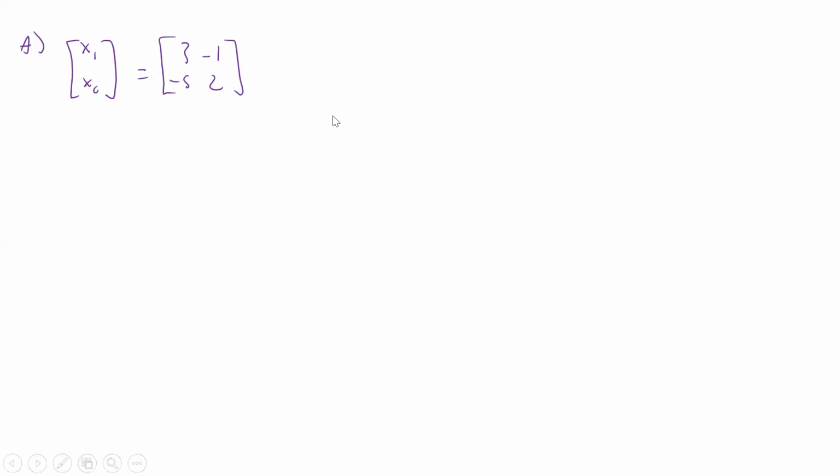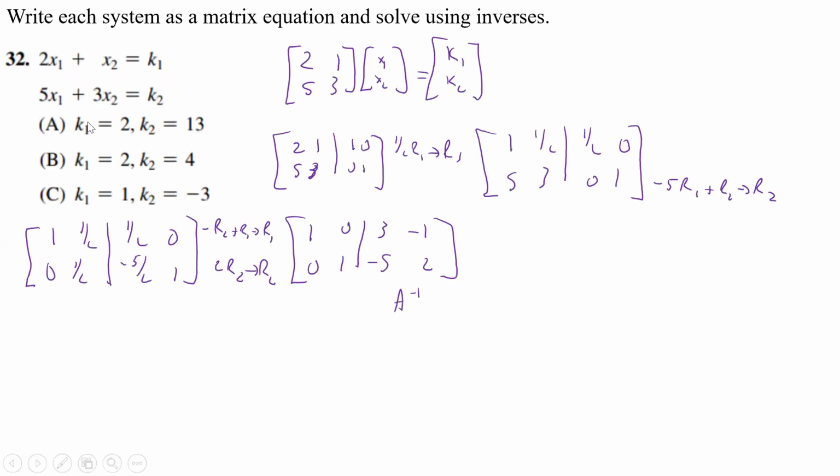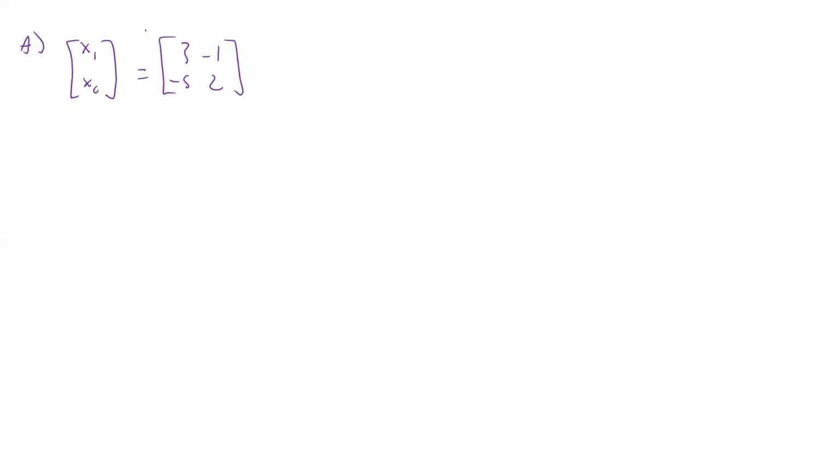And now we have K1, K2. So K1 is 2, then 13. Now we multiply. So it's 6 minus 13, which is -7. That's going to be -10 plus 26, which is 16. And so that's going to be my solution.